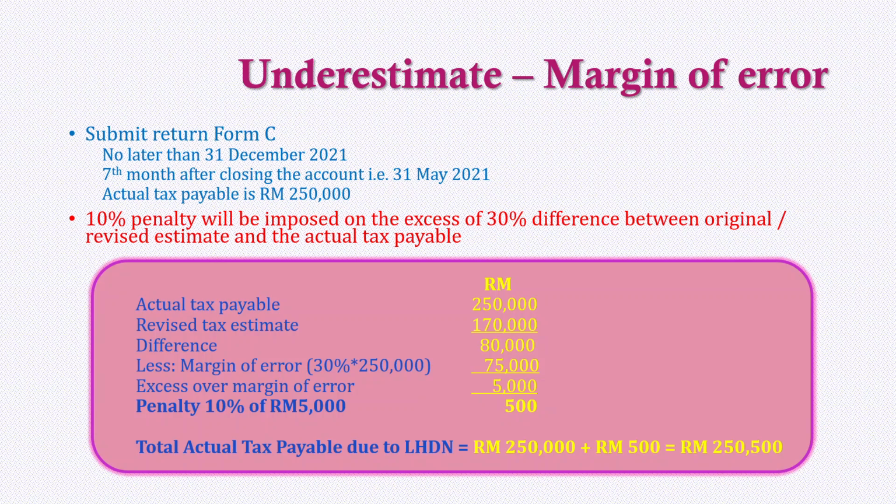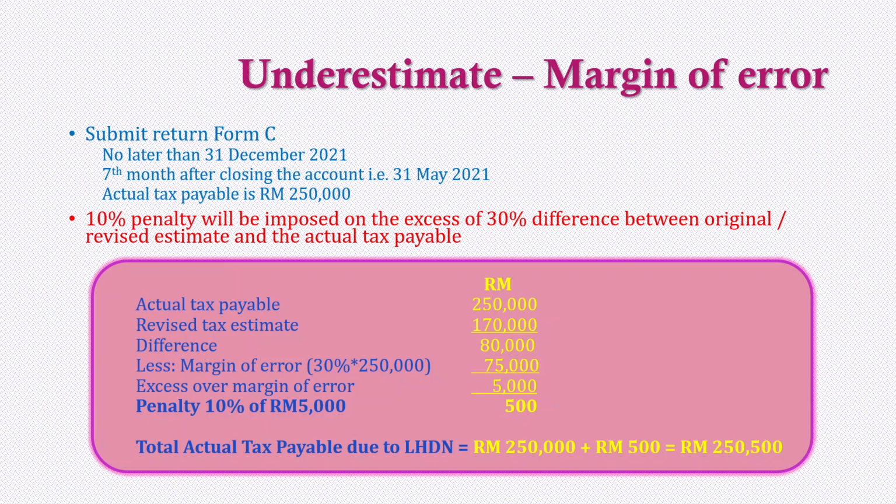The actual amount that they need to pay to the income tax will be the actual tax payable, which is 250,000, plus 500. So the total they have to pay is 250,500. But after you deduct your total monthly installments just now, 170,000, you only need to pay the balance of tax payable, which is 80,500.